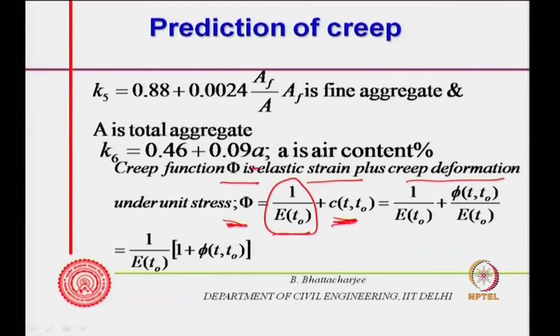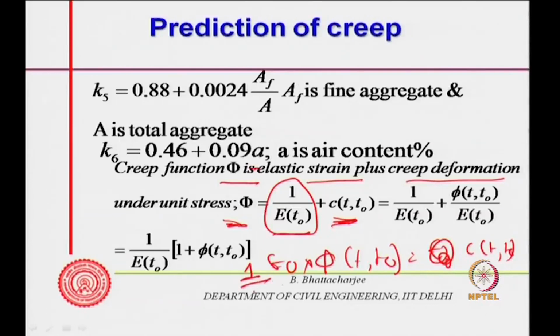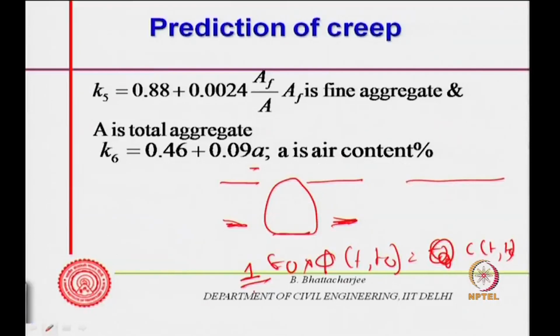Now, this also can be related to unit stress, because we said phi t0 was nothing but epsilon 0 multiplied by C, which is equal to C(t,t0). Epsilon 0 is nothing but 1 divided by E. So, let me just rewrite this separately.